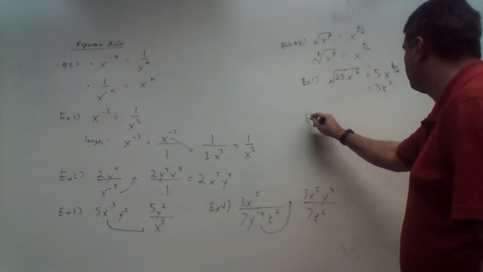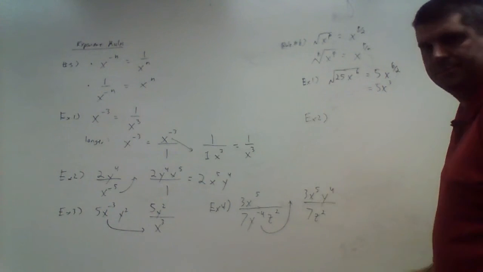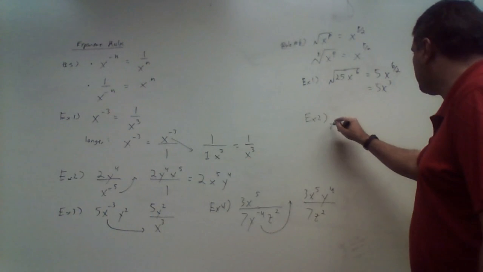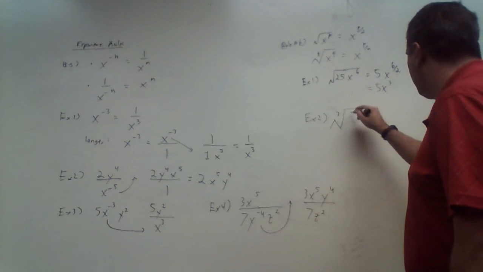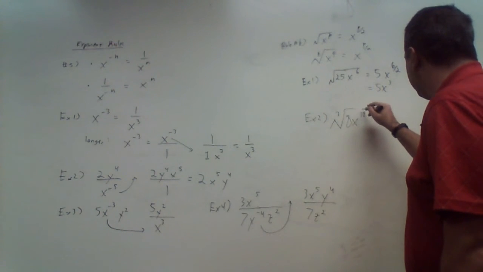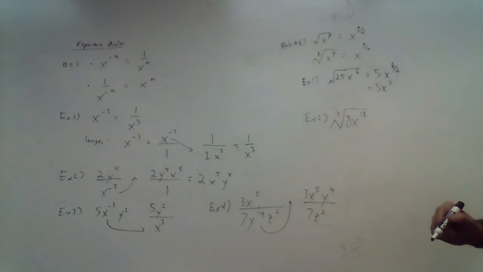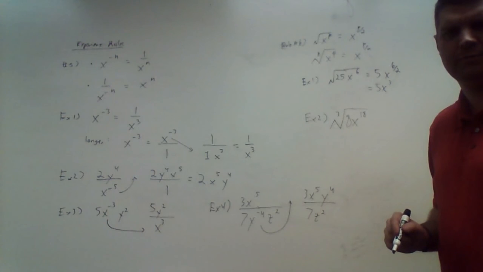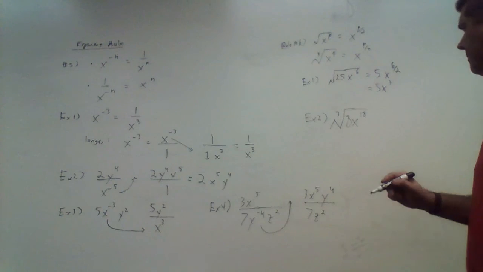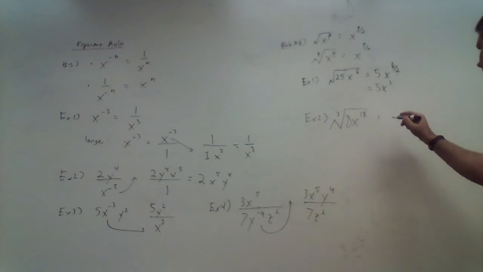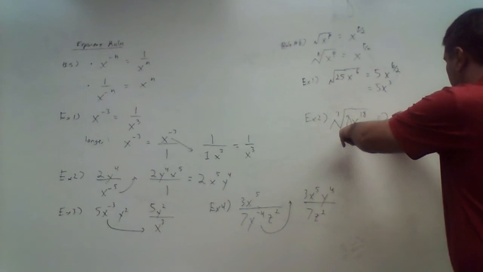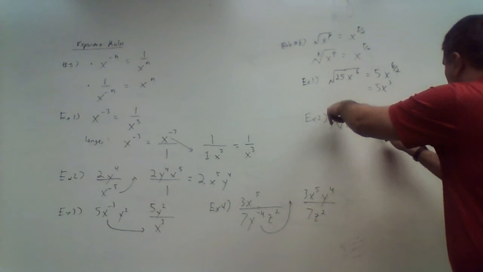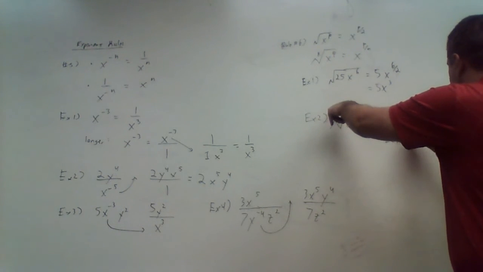Example 2. We have the cube root of 8x to the 18th. Okay? Which gives me the cube root of 8 is 2. And then we're going to put the 18 over the 3, and we get 2x to the 6th.